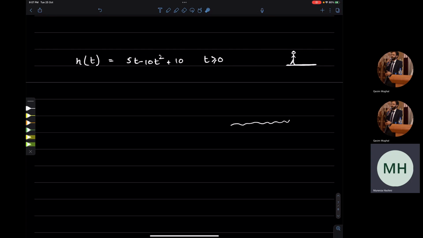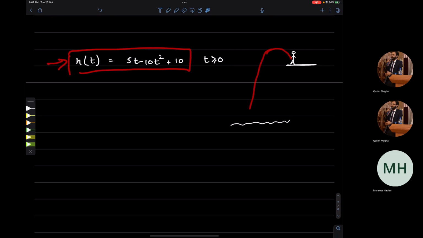It's kind of saying that a diver launches herself off a springboard. That's the first information. They say the height of the diver above the pool, that's the height of the diver. T seconds after the launch, like once the diver launches himself, can be modeled by the following function.